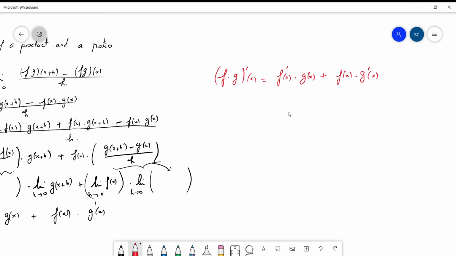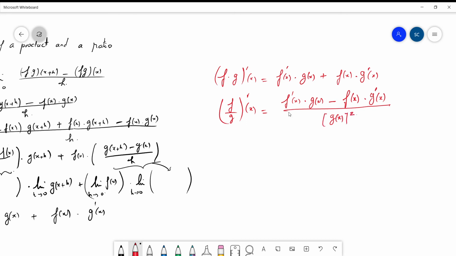With the same idea and tools, we establish that the derivative of the ratio of two functions f and g is f prime at x, we derive the numerator, times the denominator, minus the numerator times the derivative of the denominator, over g(x) squared.